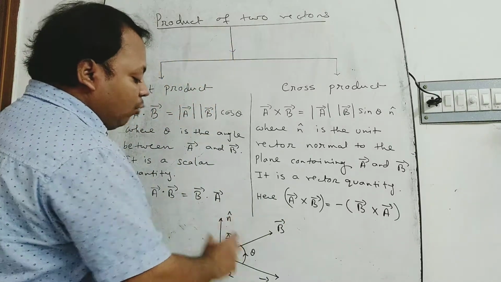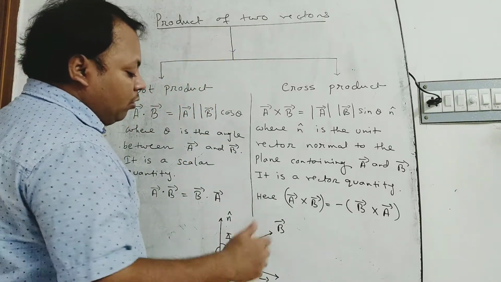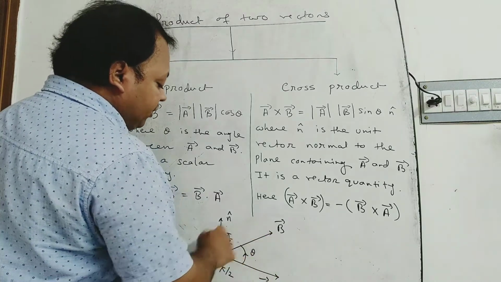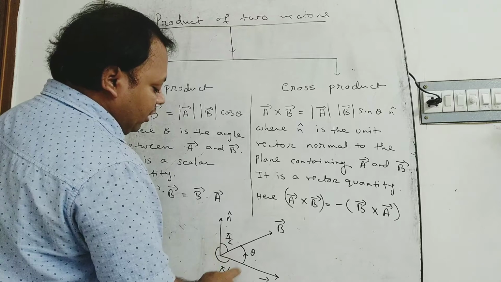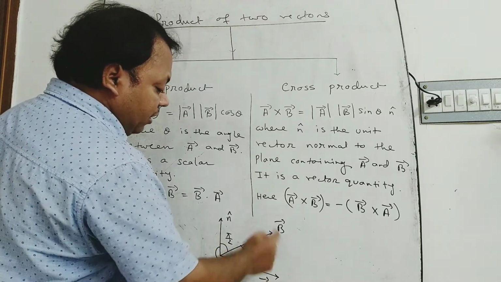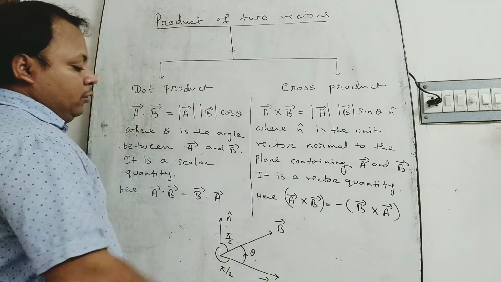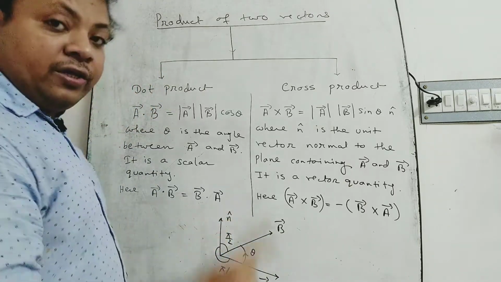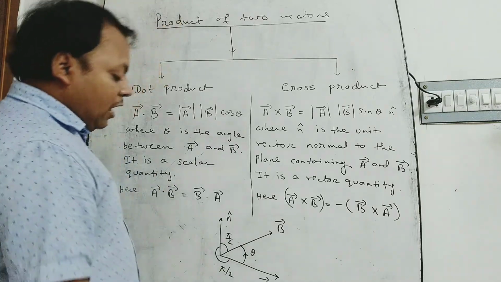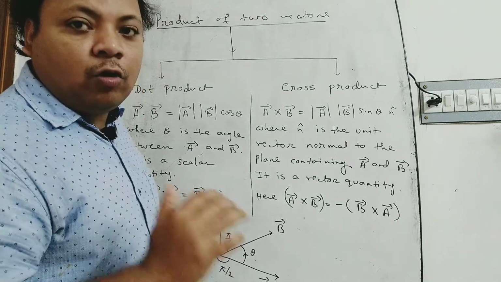Actually, n cap is the outward normal vector, perpendicular to both a vector and b vector. The magnitude of n cap is 1 since it is a unit vector, and it follows the right hand corkscrew rule.